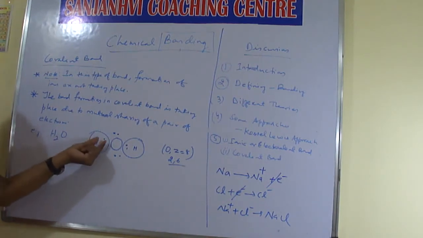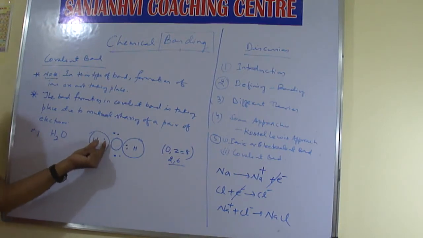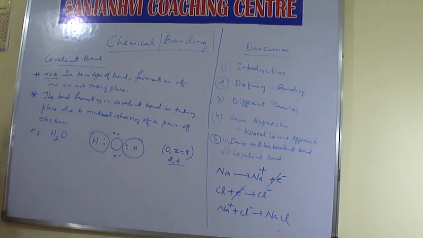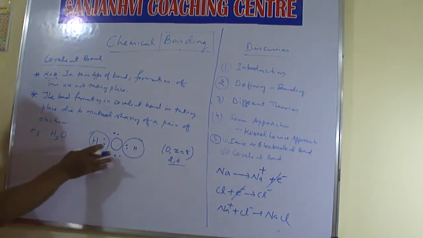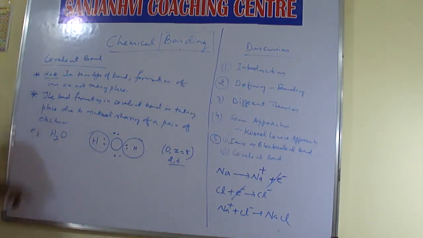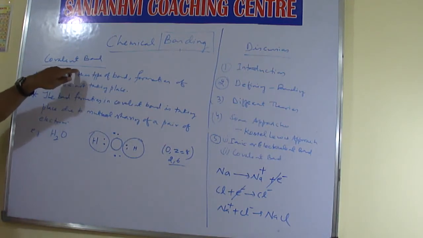Both mutually share their electrons and it becomes an electron pair, and this pair becomes the bond between them. This type of bond formation is called a covalent bond.